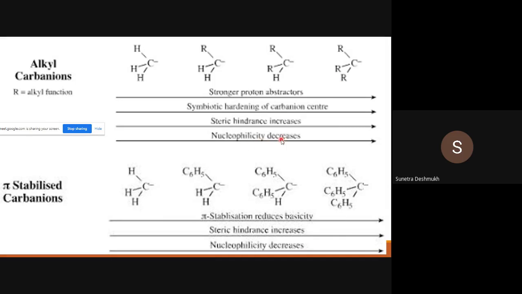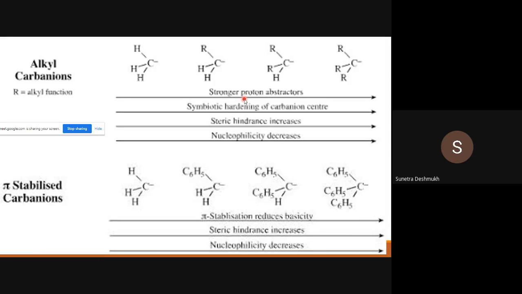As stability decreases, nucleophilicity decreases, and basicity increases. So the carbanion which possesses three alkyl groups, with strong positive I effect, acts as the strongest base but a weak nucleophile.